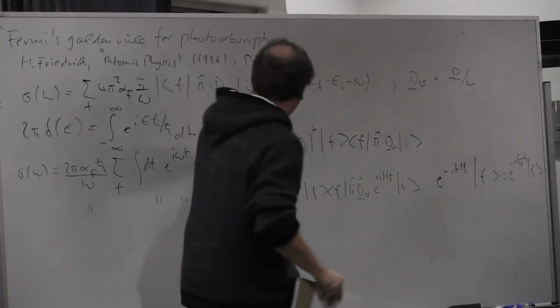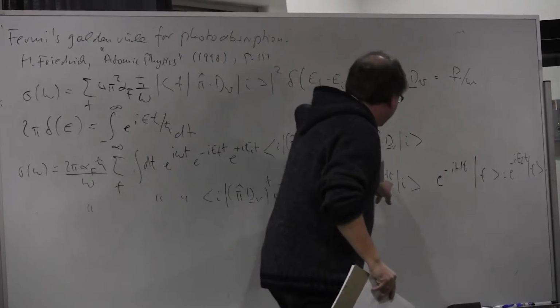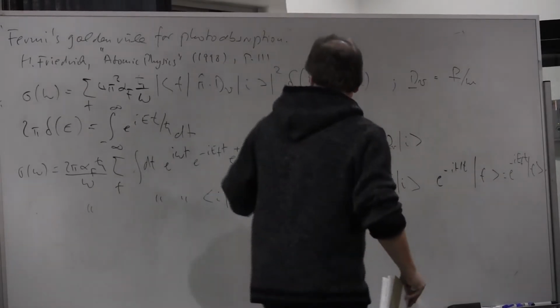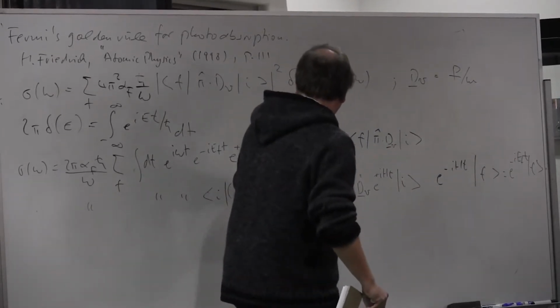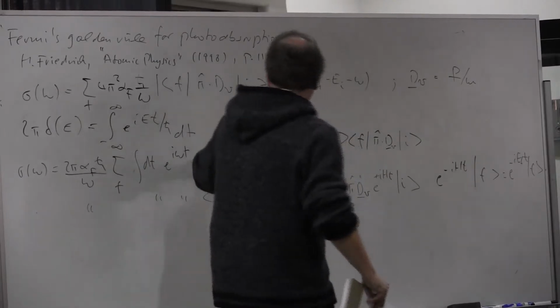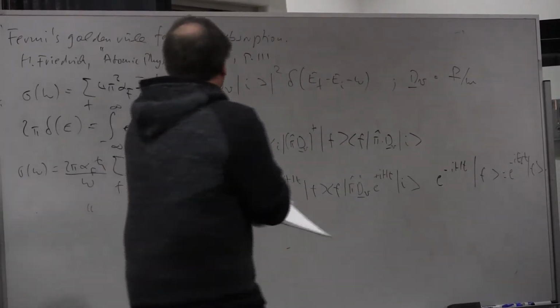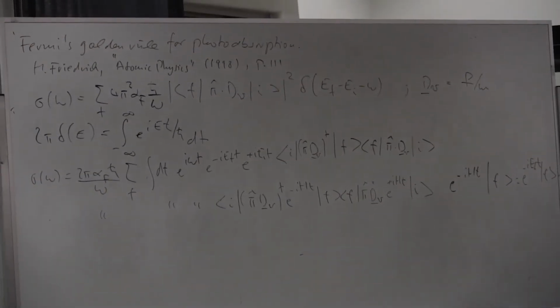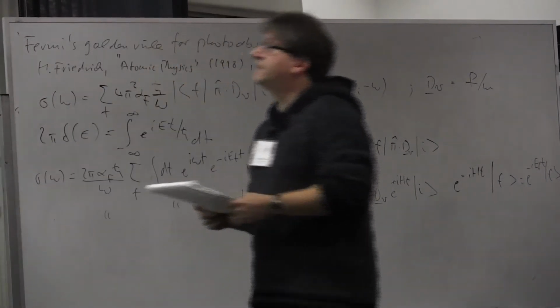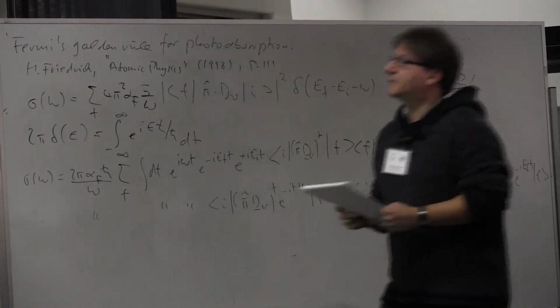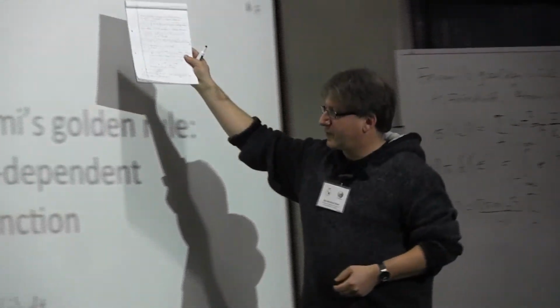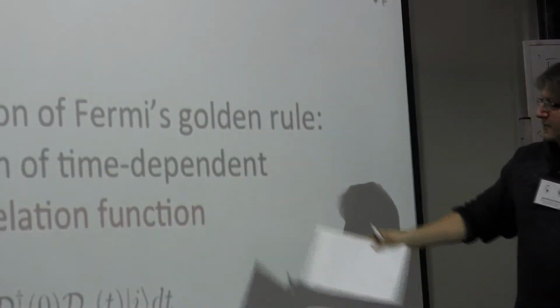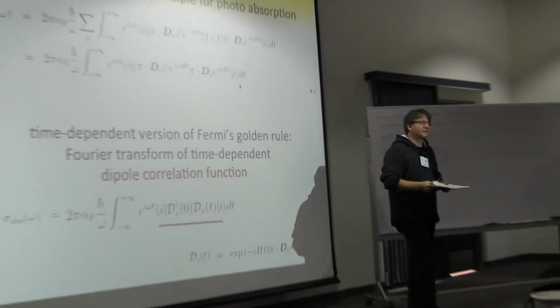So this gives plus i energy E_initial here, and this one gives minus i energy E_final from here. And now you see this is already the formula I've got up here in the first line, from where it's of course trivial to apply the closure and to get to this nice result and the formulation of photo absorption in terms of the dipole correlation function.